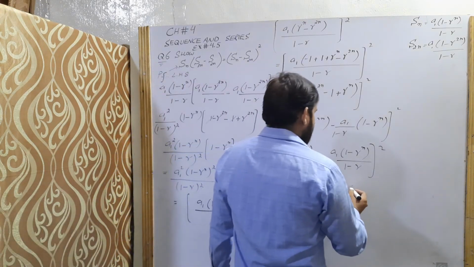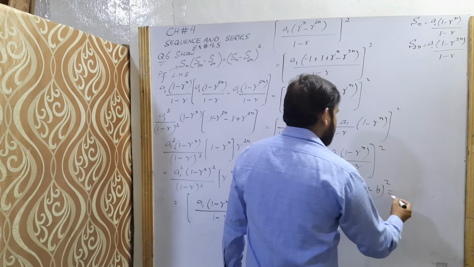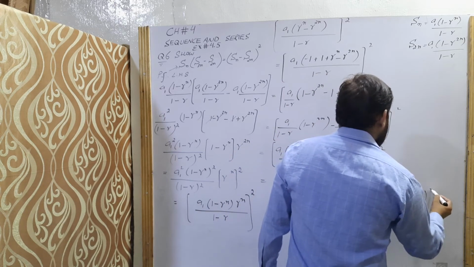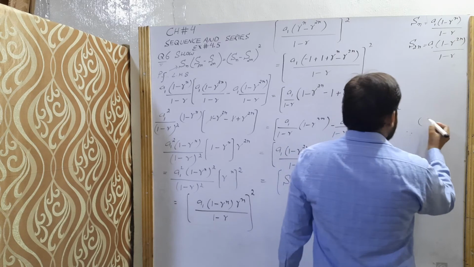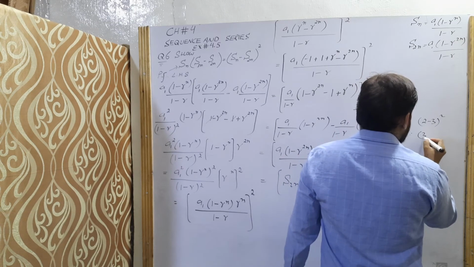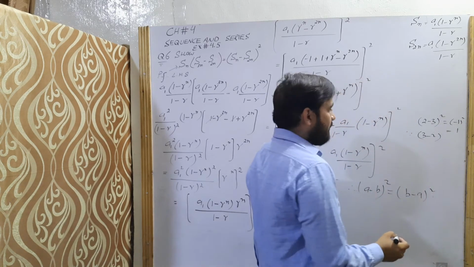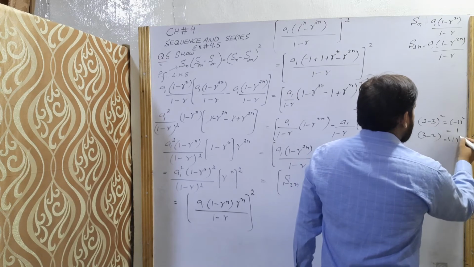So there is no danger, because (a minus b) whole square must be equal to (b minus a) whole square. For example, 2 minus 3 whole square or 3 minus 2 whole square, because this is minus 1 whole square which is positive 1, and this is equal to 1 whole square, this is equal to 1.